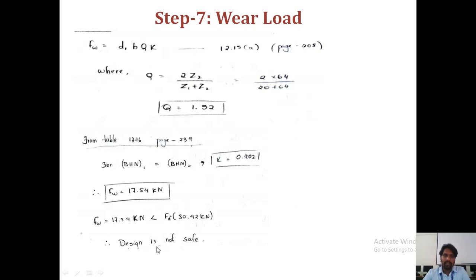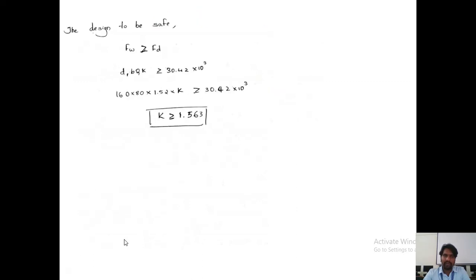Always the wear load has to be more than the dynamic load, then only the design is safe. So we need to make the design safe. To make the design safe, we need to use the condition FW is greater than or equal to Fd. You know the equation for FW, D1 BQK, which is greater than or equal to 30.42 kilonewton.